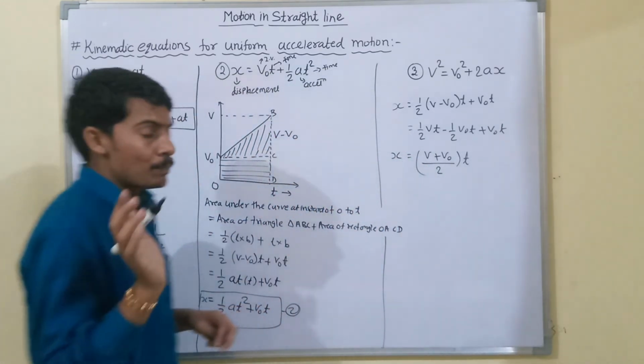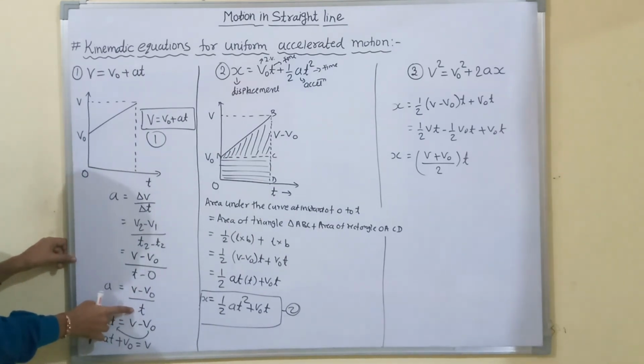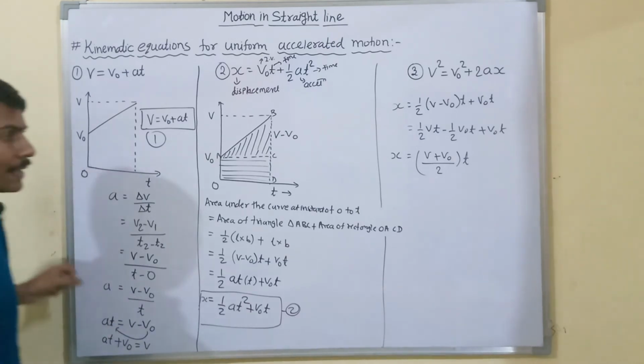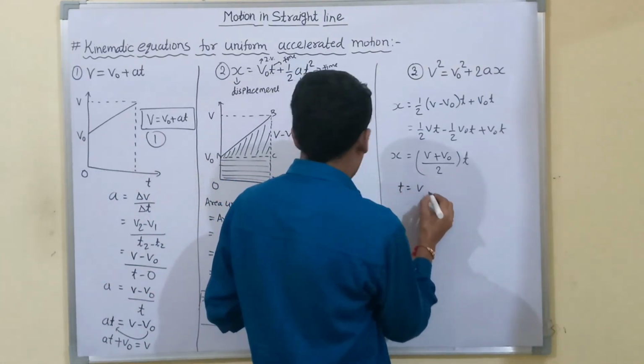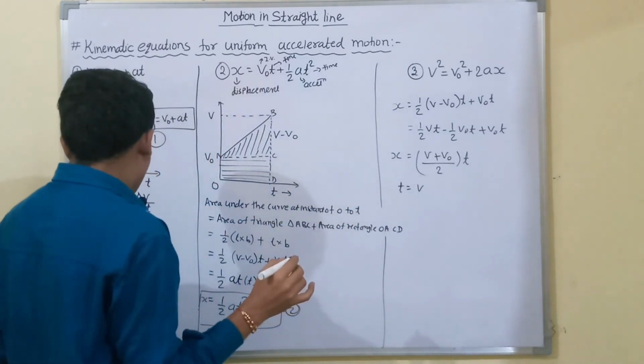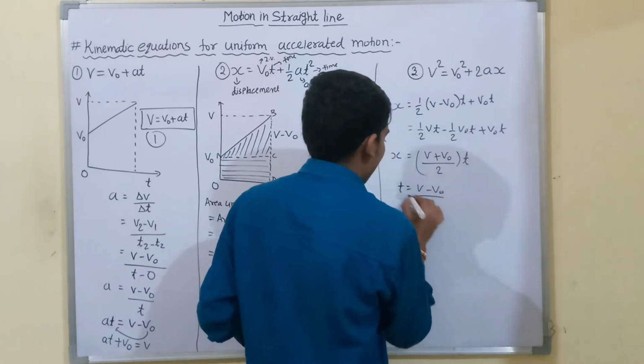Now put the value of t from the first equation. What is the value of t? t equals v minus v naught by a.